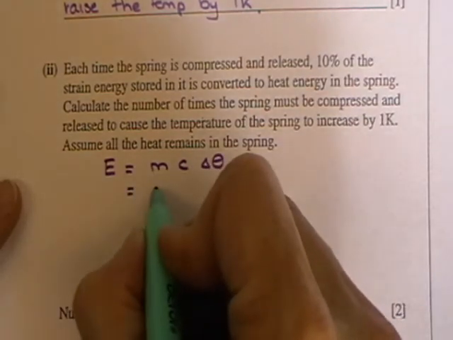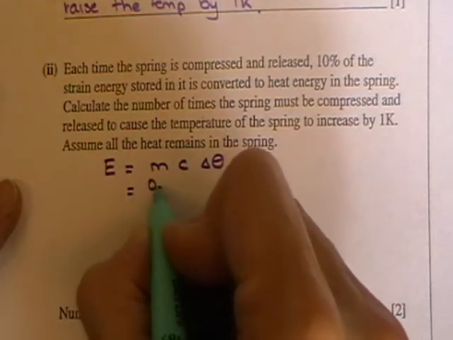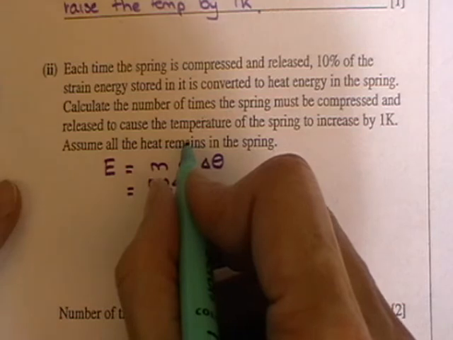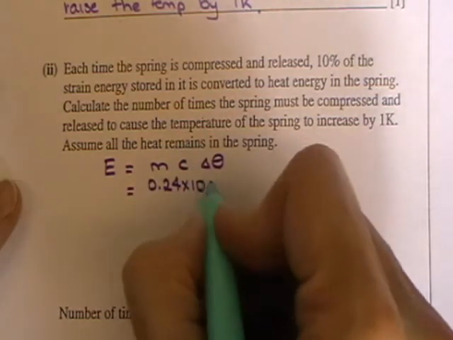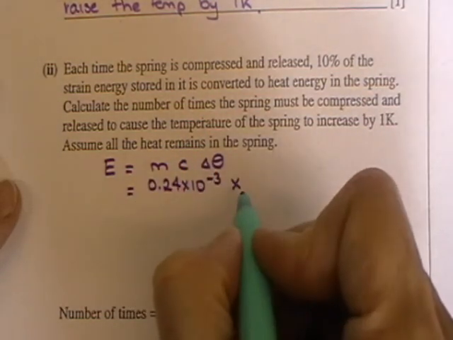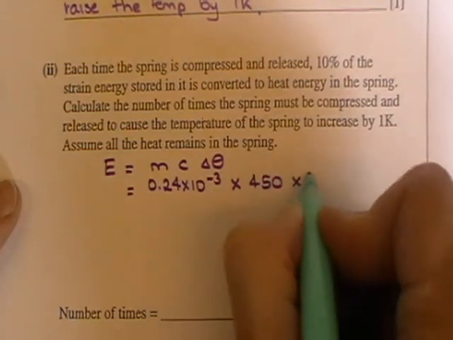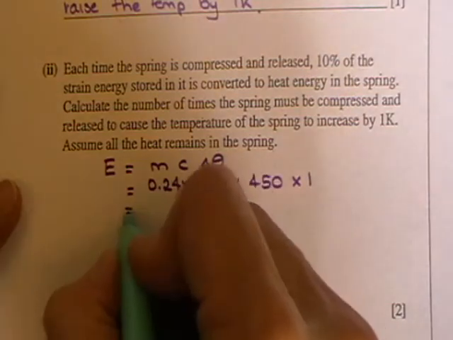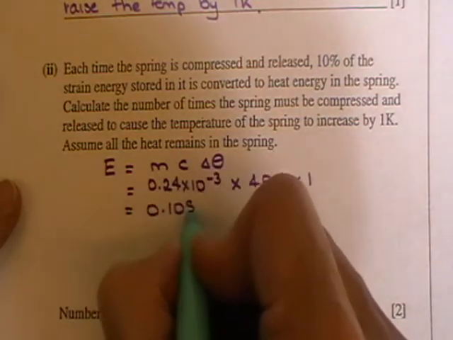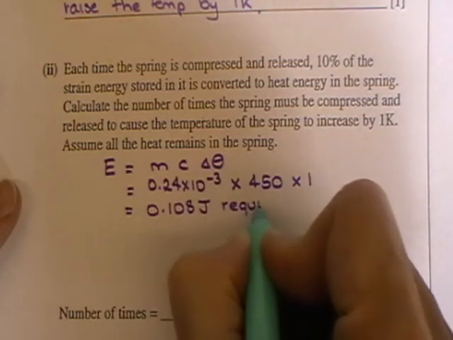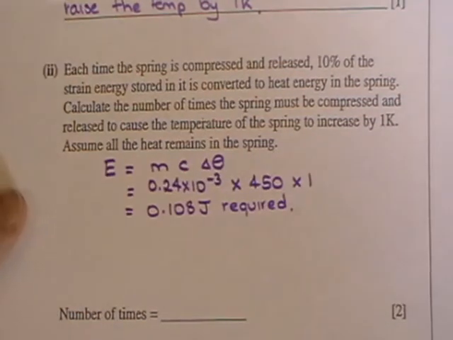And m is the mass of the spring, which is 0.24 by 10 to the minus 3. The specific heat capacity of the spring is 450 and the temperature rises 1 Kelvin. And so the amount of energy required is 0.108 joules to raise the temperature by 1 K.